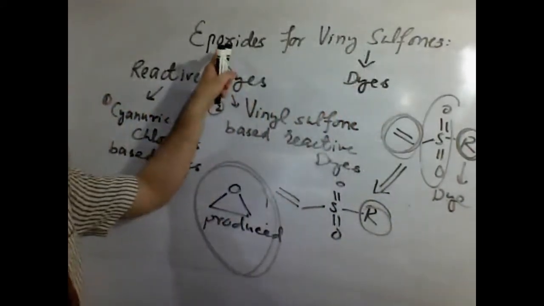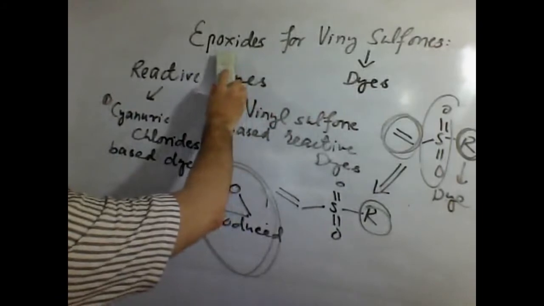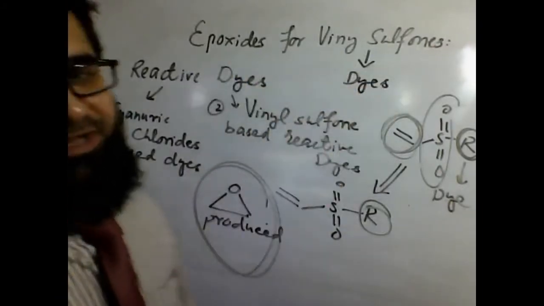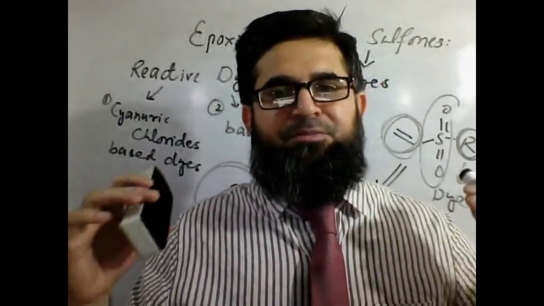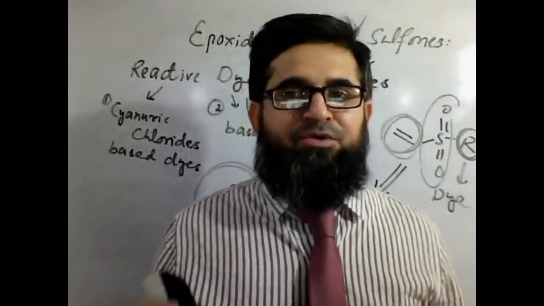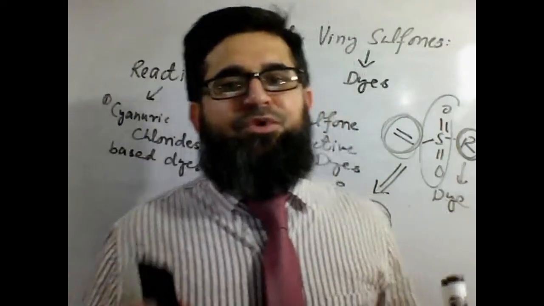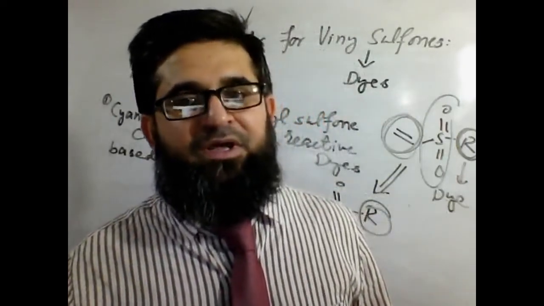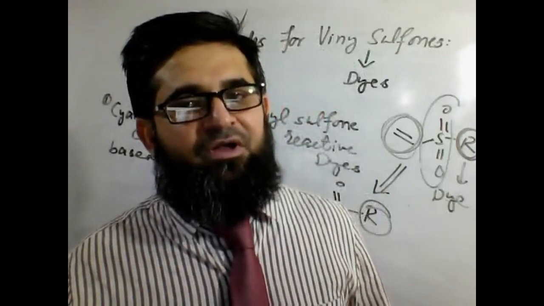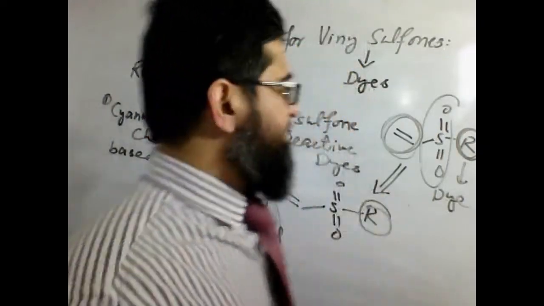The title is Epoxides for the vinyl sulfone based dyes. Keep in mind how epoxides are produced. Once you produce the epoxide, how it can be further converted into vinyl sulfone, and then how the vinyl sulfone along with the dye could be used as a reactive dye.